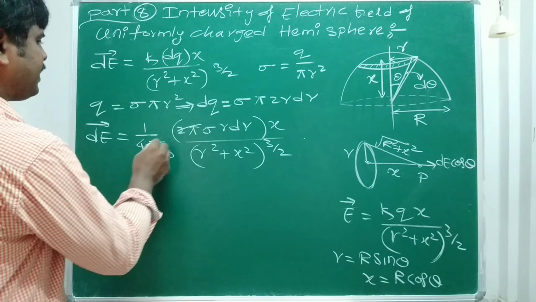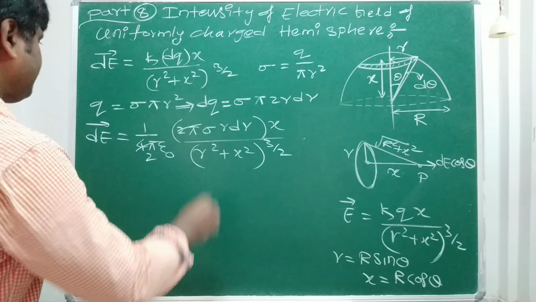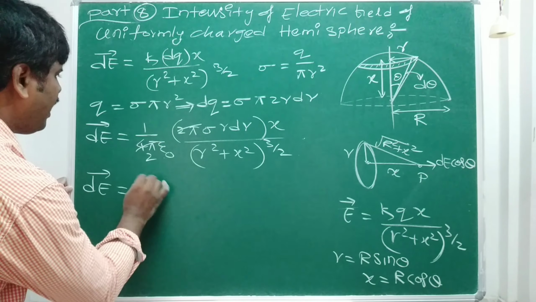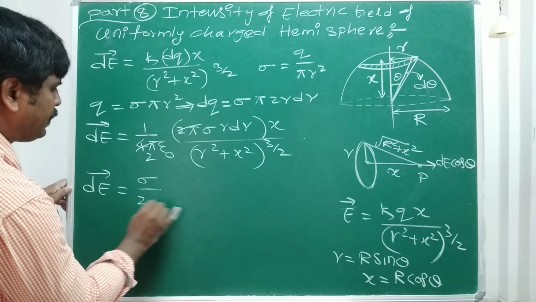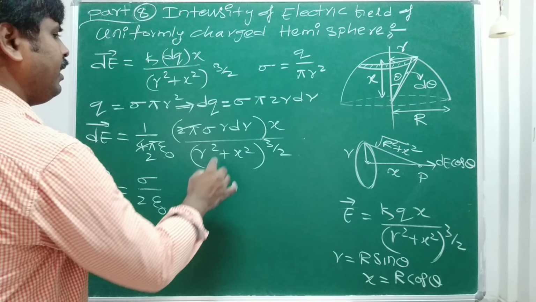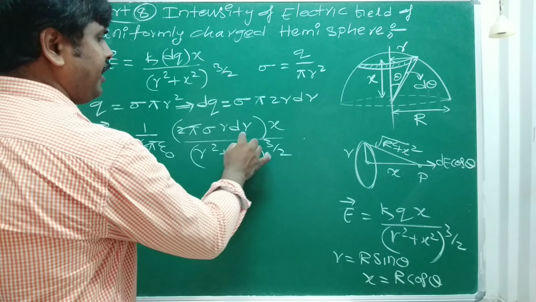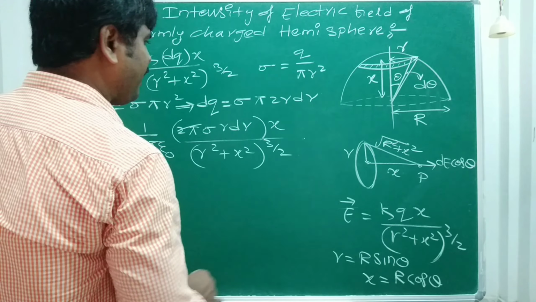So the 2 and the 2 get cancelled. So dE bar is equal to sigma divided by 2 epsilon naught, and here r into dr into x value we have to replace.